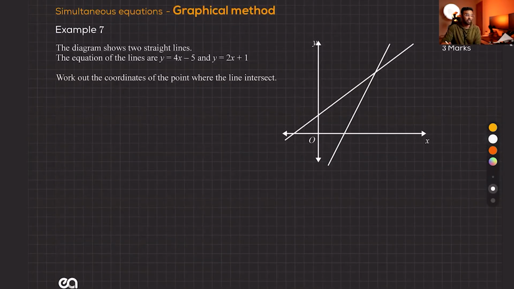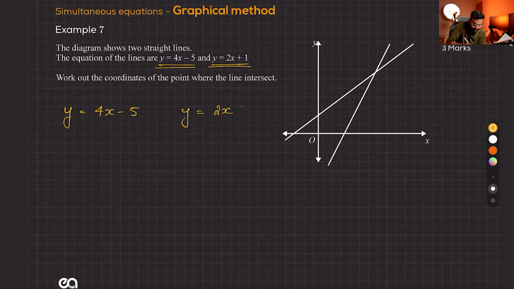In this one, it's not a graphical method, although the graph is given. Now you have your tricks under the sleeve. You know what to do. y equals 4x minus 5. y equals 2x plus 1.